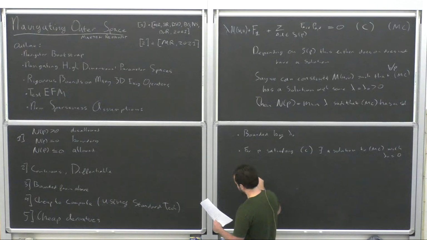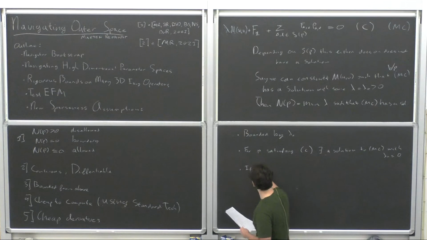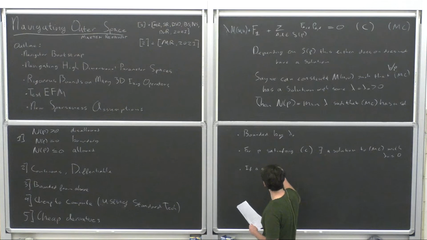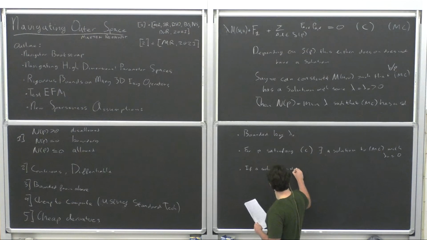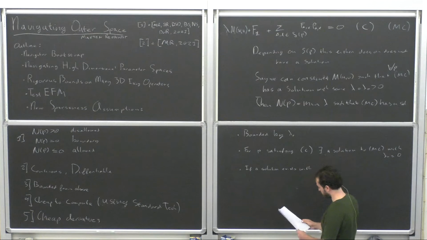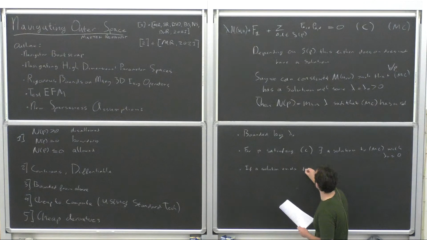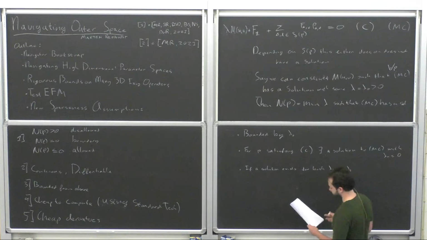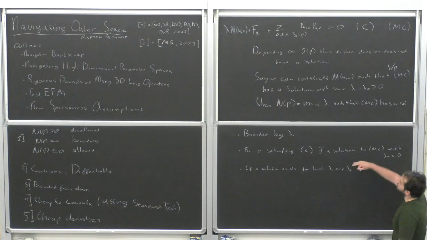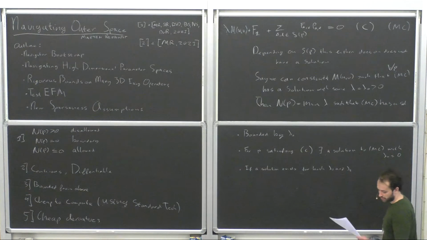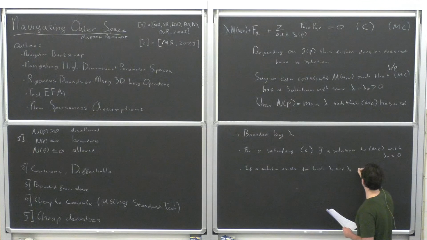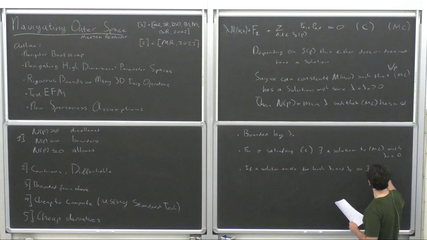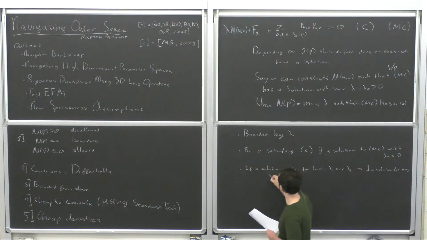Now it's also easy to show that if a solution exists for both lambda 1 and lambda 2, then by taking a convex positive combination of the equations, you can easily show that there exists a solution for any lambda in the interval in between.